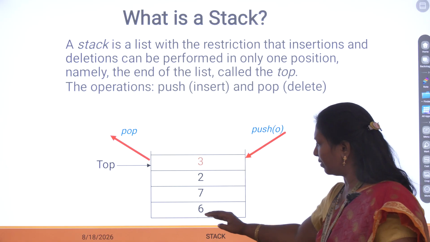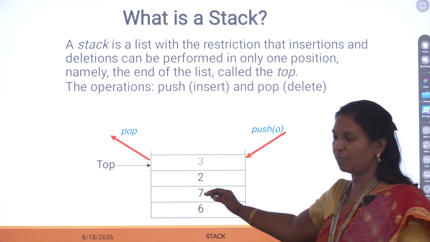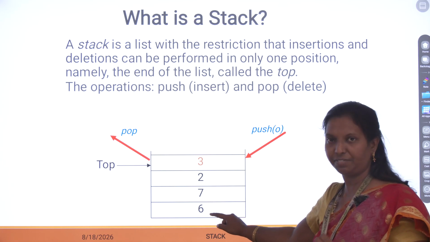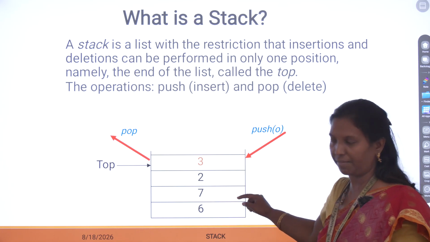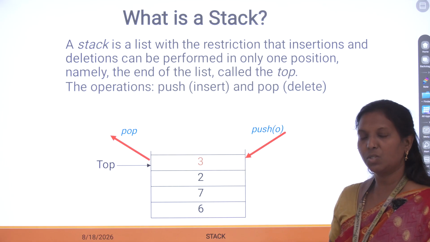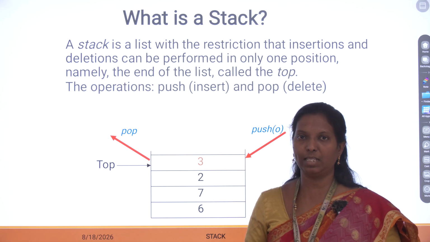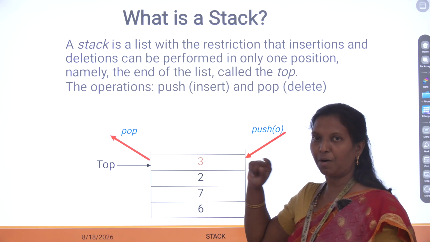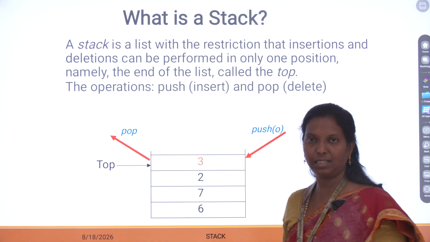The first element is 6, which is pushed first onto the stack. The second element is 7, the third is 2, and the fourth is 3. Although 3 is the fourth element, when we pop, the popped element will be the first one out, that is 3.